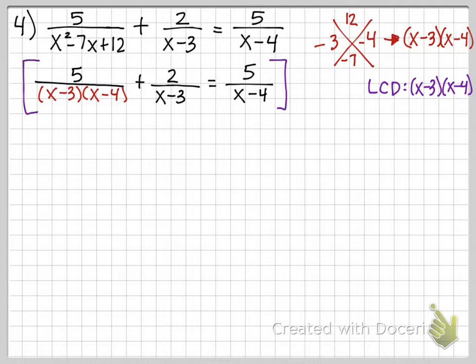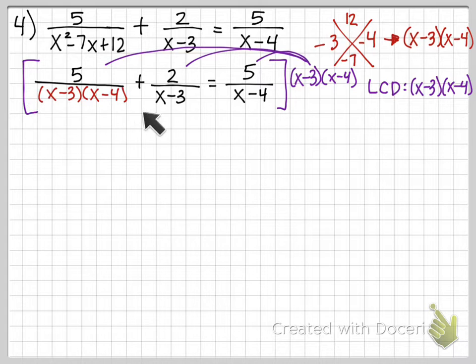Now we're going to multiply the whole thing by our LCD, which is x minus 3 times x minus 4, and we're going to see what the very first rational expression here is. See how it says 5 over x minus 3 and x minus 4? Both of these cancel out with both of these, so all we're left with in the first term is just a 5.